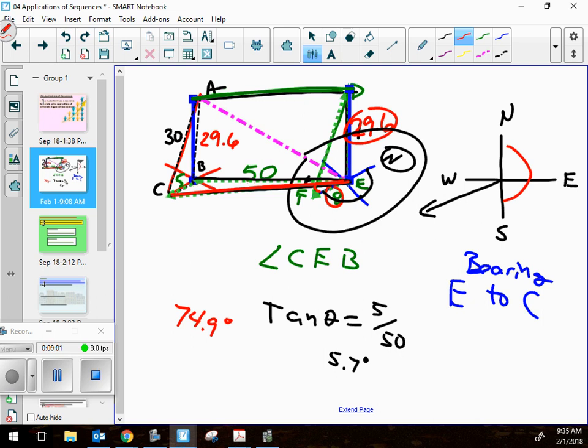As I'm looking at it now, I thought I had it dialed in that my 5.7 degrees was this part, but I'm no longer confident that it is. I don't think it is. Do you guys agree that that's not actually where the 5.7 is? All right. In my first class, I think I asked you something I didn't give you enough information for.